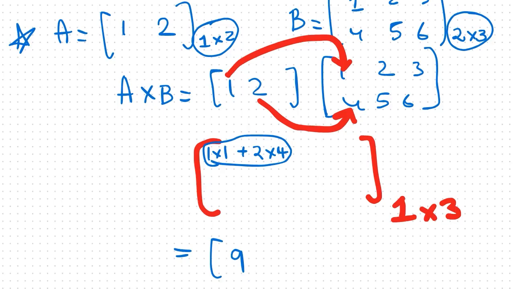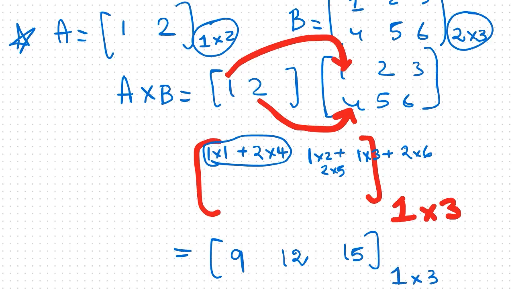The next element is obtained by 1 into 2, 2 into 5, so 12. The next is obtained by 1 into 3, 6 into 2, so 3 plus 12, 15. So this is the answer. The size is also 1 by 3.